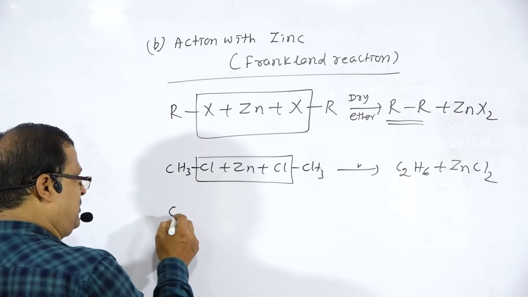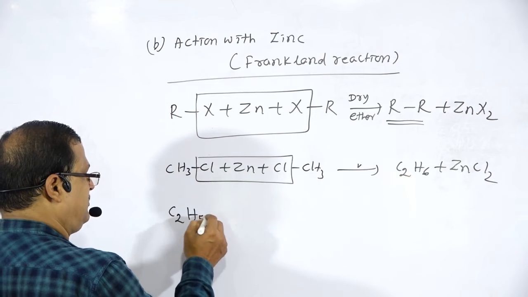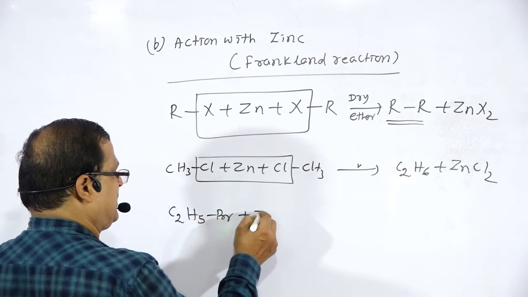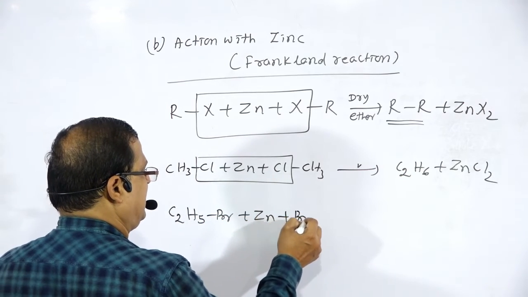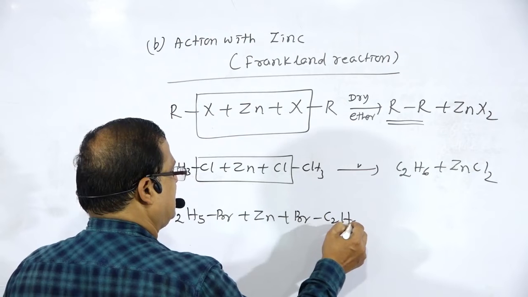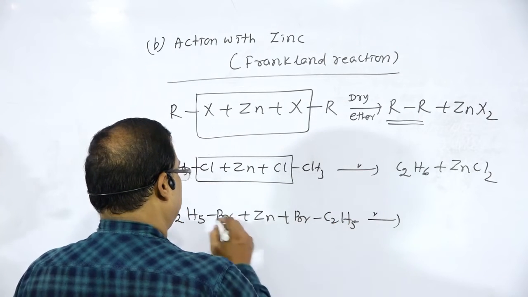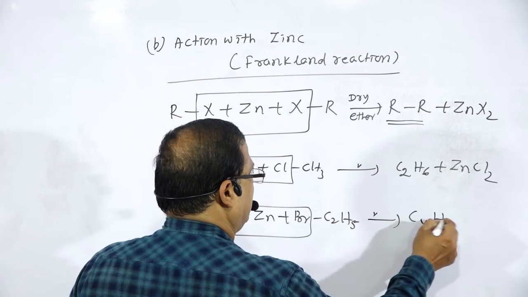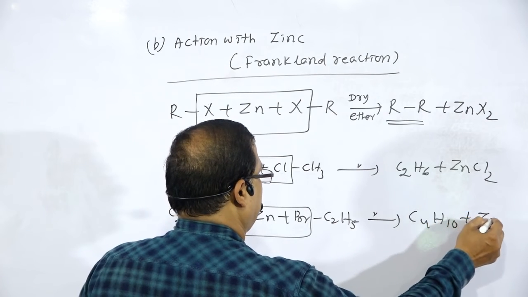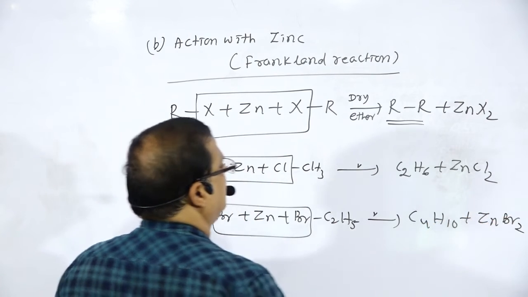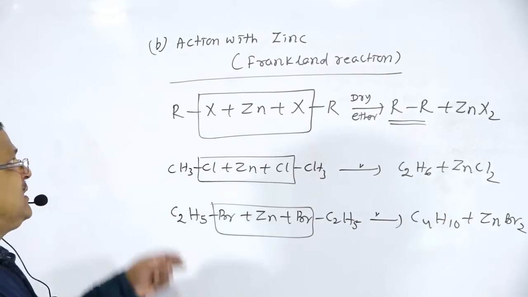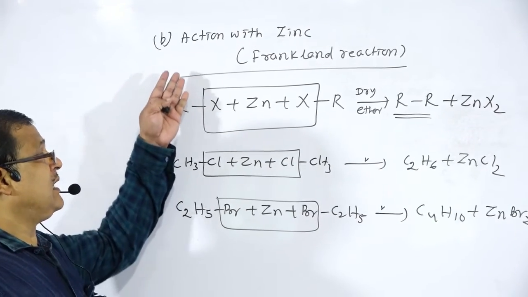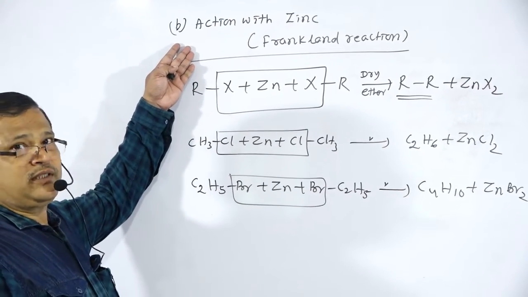Similarly, C2H5Br plus Zn plus BrC2H5 gives C4H10 plus ZnBr2. So these are the Franklin reactions, that is action with zinc metal.